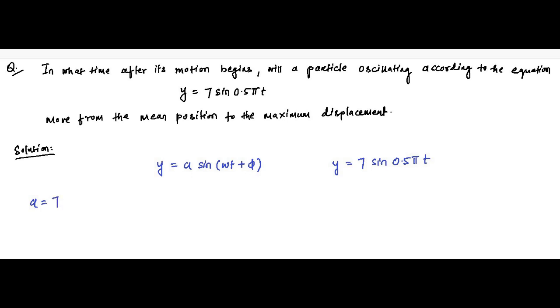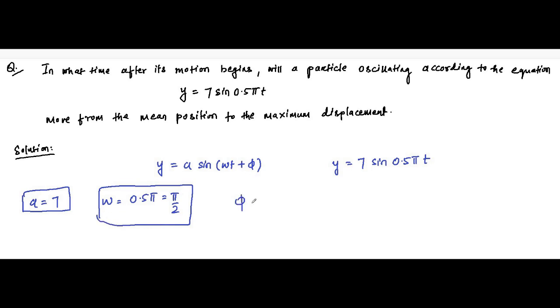Then we have the angular frequency omega, which is equal to 0.5 pi or pi by 2 radians per second, and the initial phase angle is equal to 0 here.